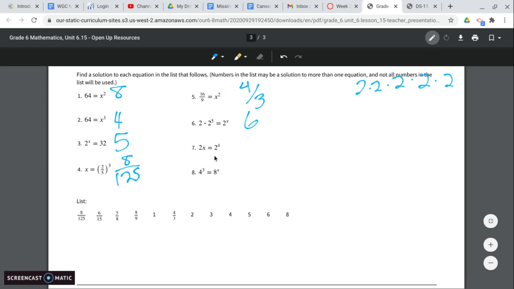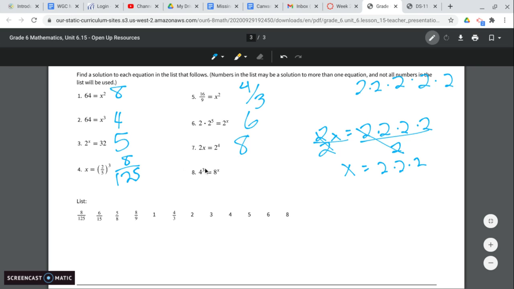All right, here we have 2x equals 2 to the 4th. So we can think about this as 2x equals 2 times 2 times 2 times 2. We divide by 2, so it's going to cancel out one of the 2's. So we have x equals 2 times 2 times 2, which is 8, or 2 to the 3rd.